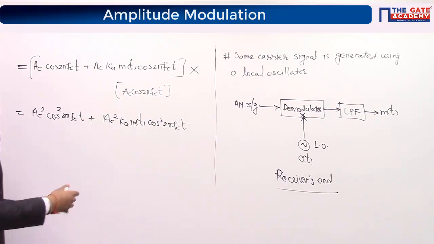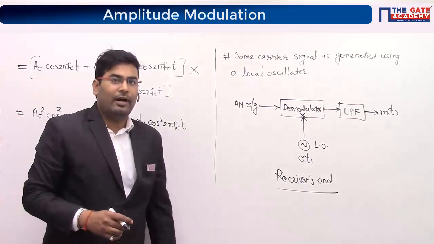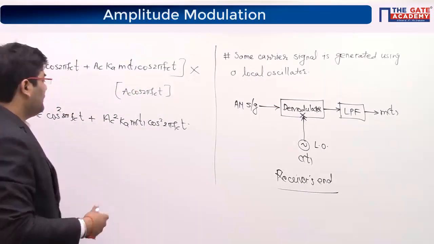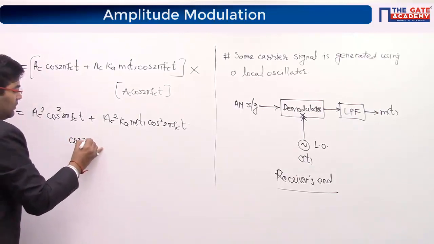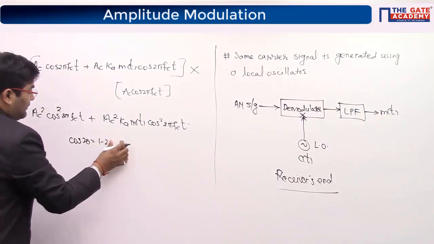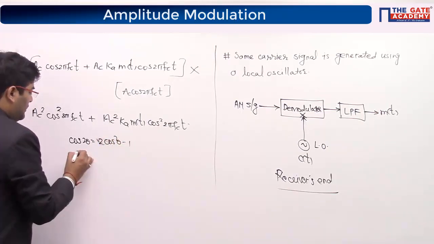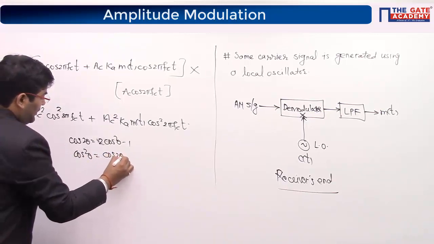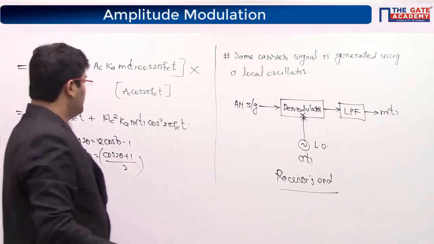Now you know the formula for cos square theta is (1 plus cos 2 theta) by 2. In case you have forgotten, cos 2 theta is equal to 2 cos square theta minus 1, so cos square theta we can write as (cos 2 theta plus 1) by 2. This is the formula we are going to use.